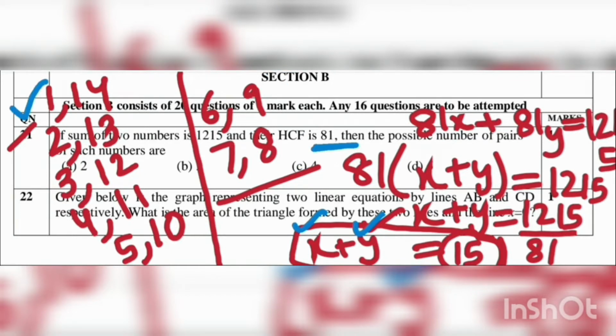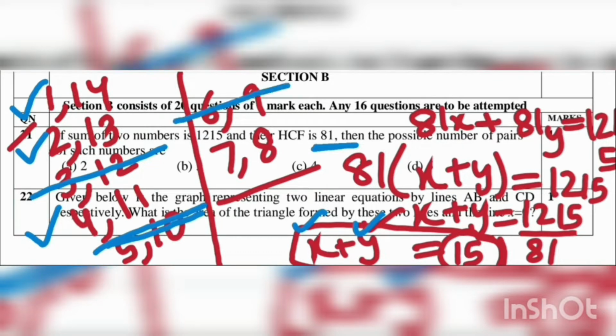Similarly 2 and 13 can be taken. 3 and 12 has 3 as a common factor, so we will not take this. 4 and 11 can be taken. 5 and 10 have 5 as a common factor, so we will not take this. Similarly 6 and 9 have 3 as a common factor. 7 and 8 can be taken. So in total we have these 4 pairs of numbers: 1, 14; 2, 13; 4, 11; and 7, 8.